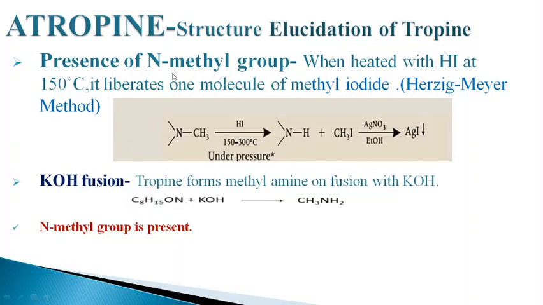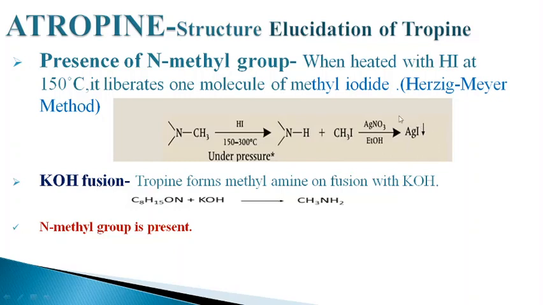Next step is the presence of the N-methyl group. When tropine is treated with hydrogen iodide at around 150 to 300 degrees centigrade under pressure, one molecule of HI gives out one molecule of methyl iodide, which when treated with silver nitrate in the presence of ethanol, precipitates out as silver iodide.